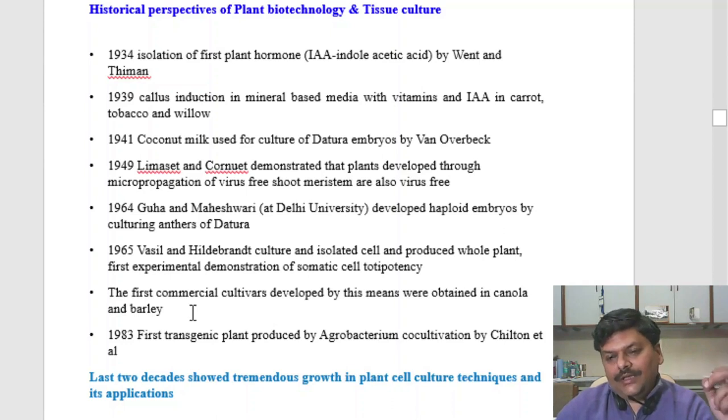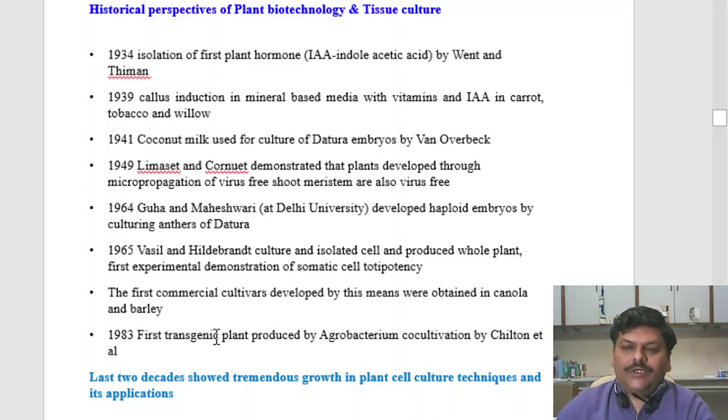And the second component, which I said is related to plant biotechnology and genetic engineering: it has been known that certain bacteria, a bacterium called Agrobacterium, is able to change the genetic composition of a target plant. But in the laboratory, Agrobacterium was first used in 1983. The paper was published in one of the most reputed journals, Nature, and the first transgenic plant was developed using Agrobacterium in tobacco.